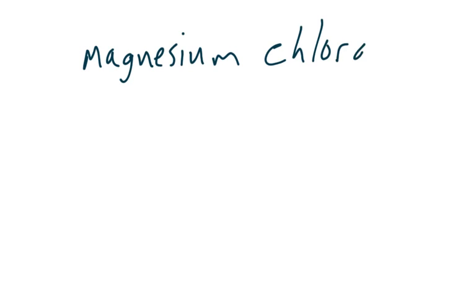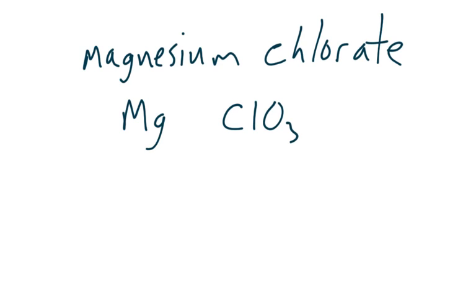Let's try another. Let's say we had magnesium with the polyatomic chlorate. Okay, well, magnesium's Mg, chlorate is ClO3 with a -1 charge. Magnesium, if you recall, has a +2 charge.